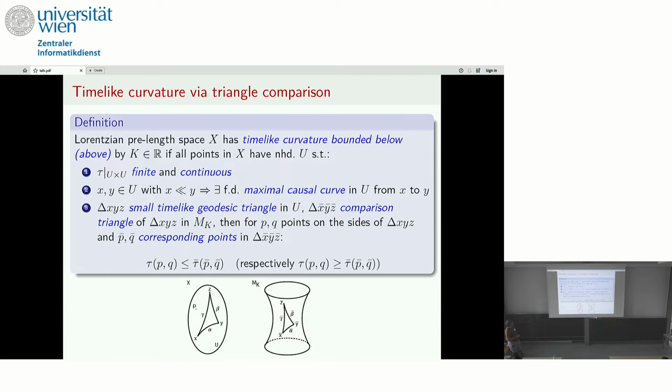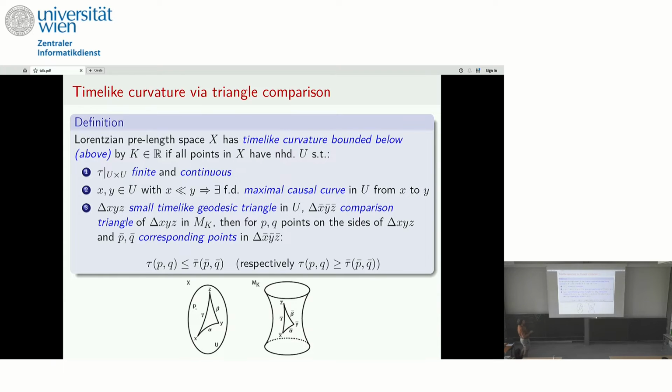Then you take two points P and Q, and take two points P bar and Q bar in the comparison triangle, which have the same time separation from the endpoints. Then, if the time separation of PQ is bounded above by the time separation in the model space, then it has curvature bounded below.